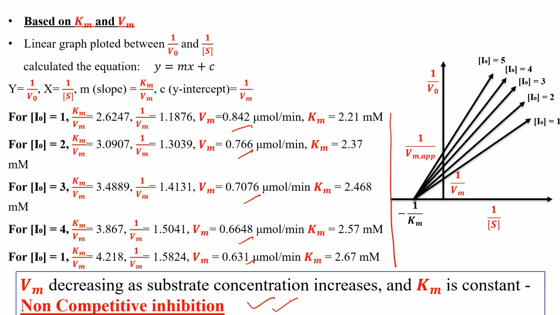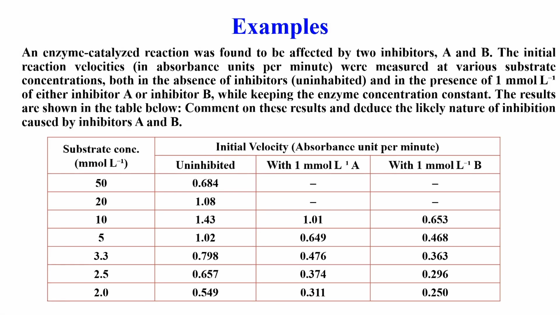So, in this way we have to decipher the kinetic parameters, then we can comment on the type of enzyme inhibition. We will take one more example. An enzyme catalyzed reaction was found to be affected by two inhibitors A and B. The initial reaction velocities were measured at various substrate concentrations.